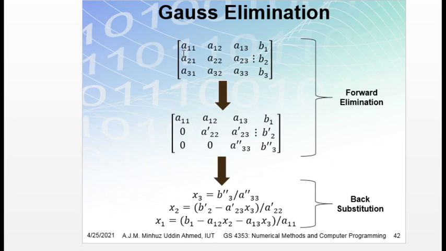What we have done, the first task was to multiply a21 divided by a11 with this one. If we use a21 divided by a11, and this a11 equals 0, then this total thing will be undefined. So you cannot go further using this technique if just a11 becomes 0.